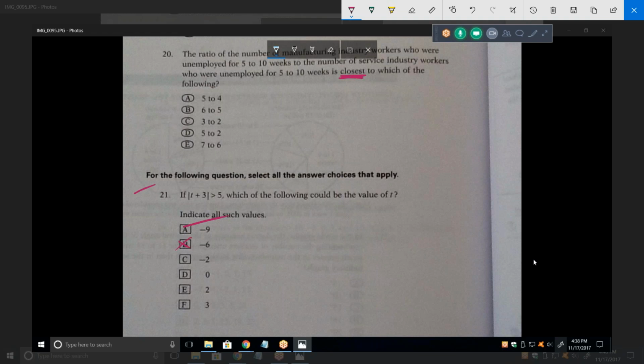Does C? -2 plus 3, no. D? No. How about E? That's equal, so no. Exactly. And how about F? So F. So there are 2 answers there.